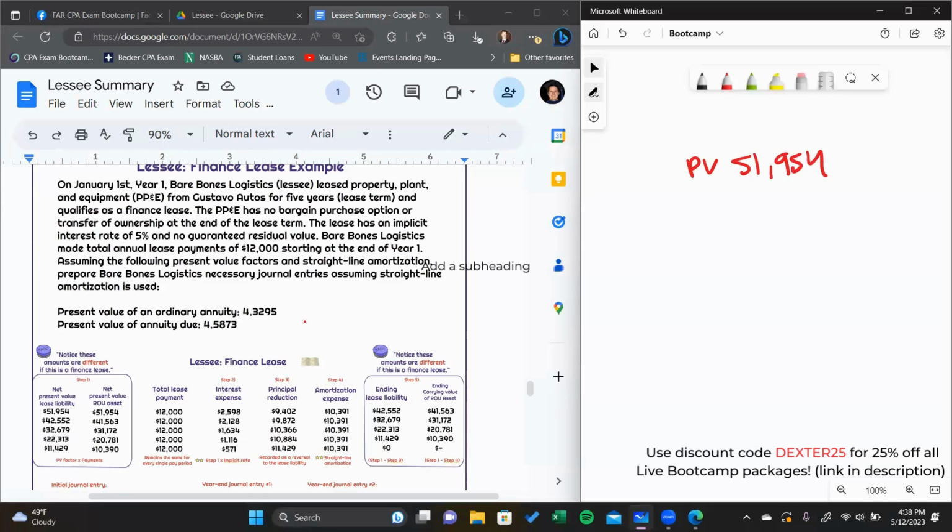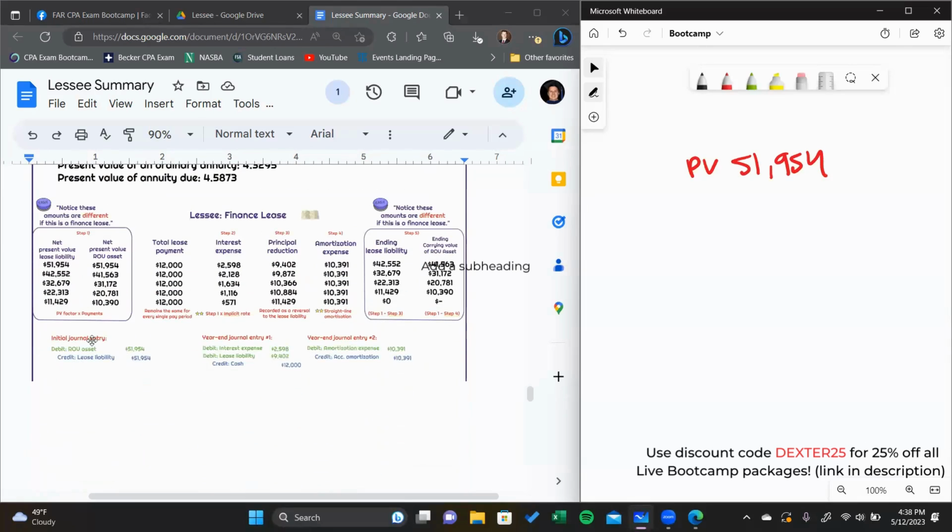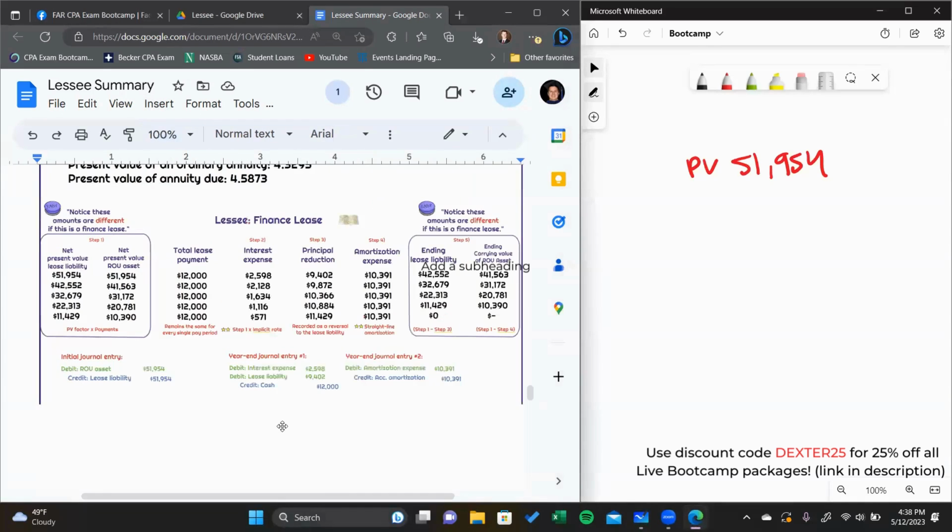So the initial journal entry is the exact same. We record ROU asset and lease liability. Nothing changes with that. The initial journal entry between operating and finance leases is the same. The only difference is when we record journal entries for the payments that we make. That's really where you see the differences.